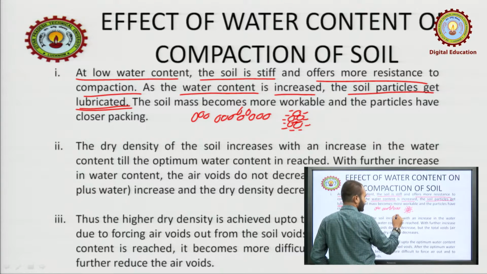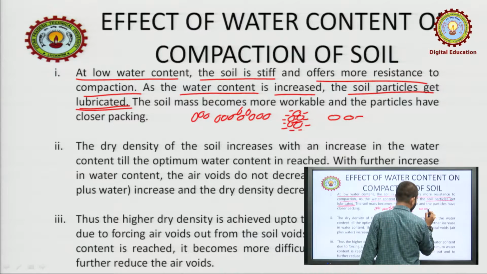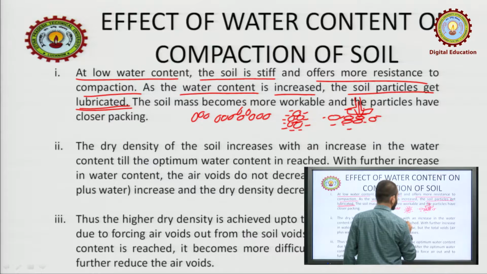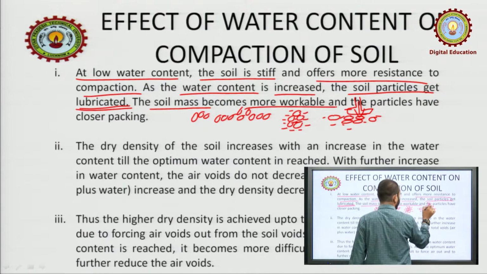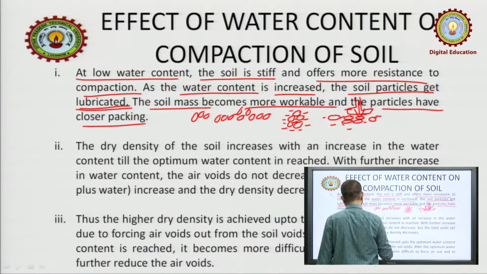Due to this, they will get dispersed, something like this. Now once they get dispersed, the compaction process gets easier, or more compaction can be carried out. The soil mass becomes more workable and the particles have closer packing.